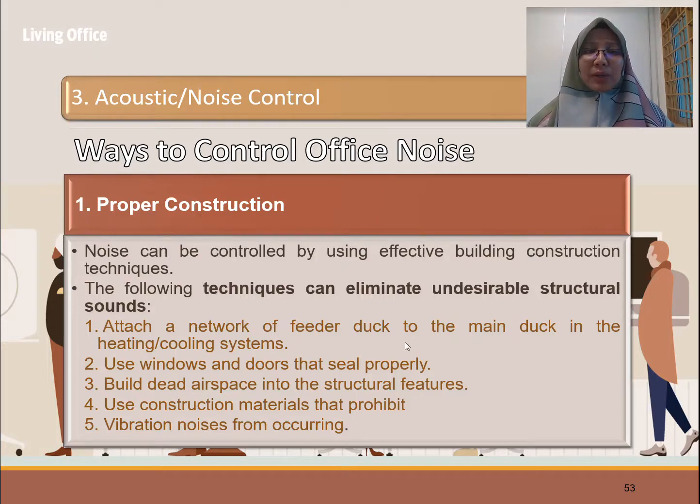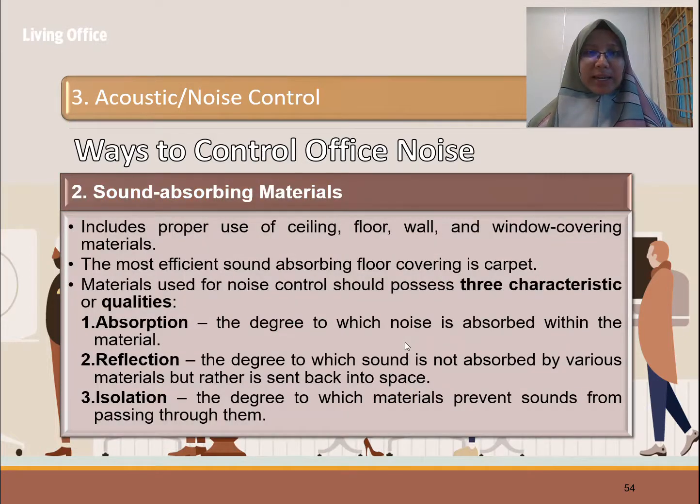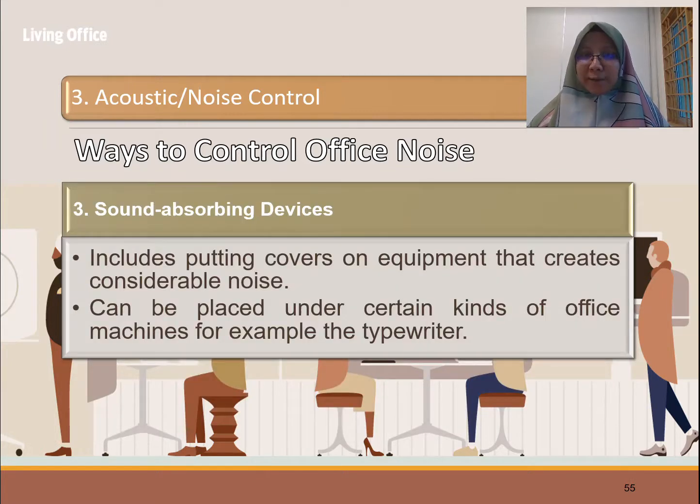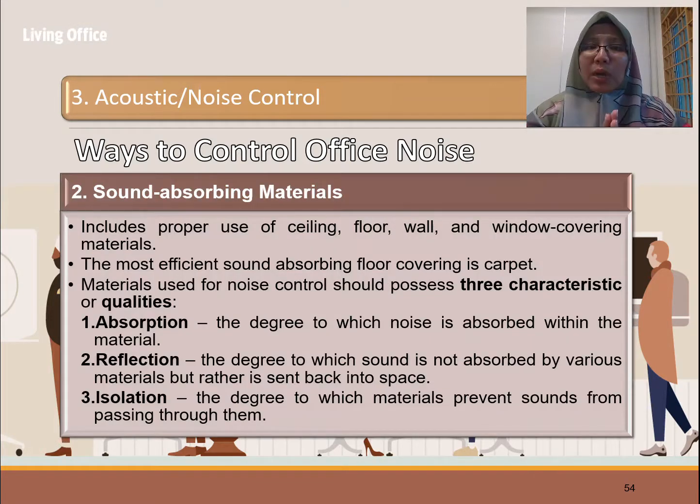Okay, so the next one is sound absorbing material. It's two different things actually, sound absorbing material and sound absorbing devices. So how are we going to use the sound absorbing materials? You need to include proper use of ceiling or floor, wall and window covering material.